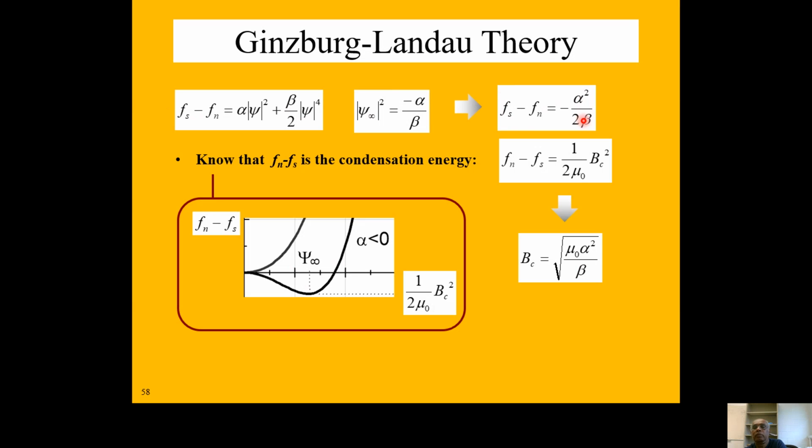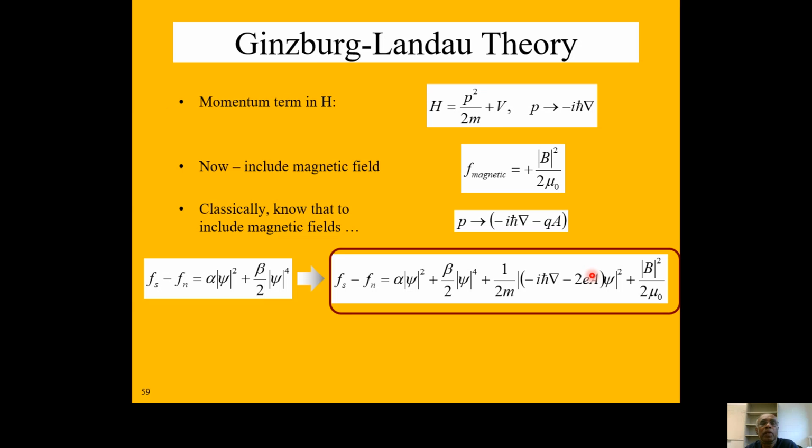So now we know the superconducting parameters. We found that the energy difference between the superconducting and normal state at zero magnetic field is given by B squared over 2 mu 0. If you equate these two, you can get the critical field given by this one. That's it. This is still at zero magnetic field, right?